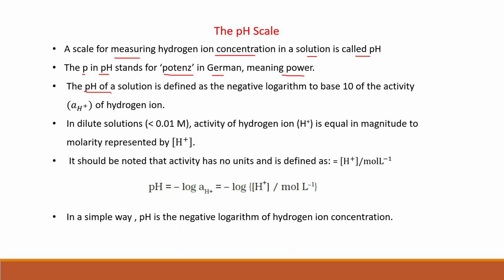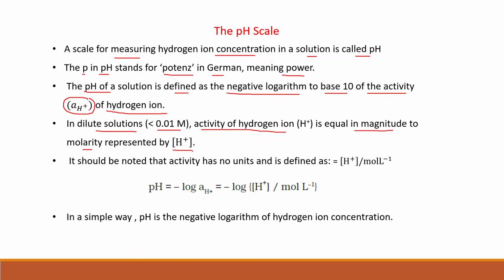The pH of a solution is defined as the negative logarithm to base 10 of the activity of hydrogen ion. This activity of hydrogen ion is represented like this. In dilute solutions where concentration is less than 0.01 M, activity of hydrogen ion is equal in magnitude to molarity.